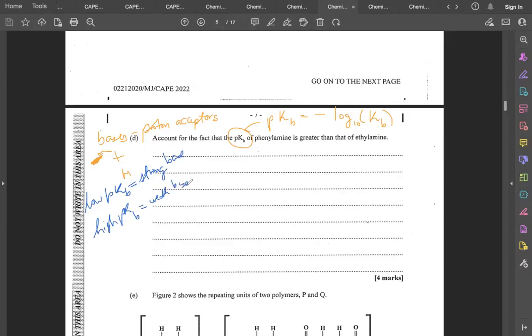So effectively, this question is saying account for the fact that the pKb of phenylamine, which is this structure here, is greater than that of ethylamine, which is C. Let me just put my H's for completeness here.